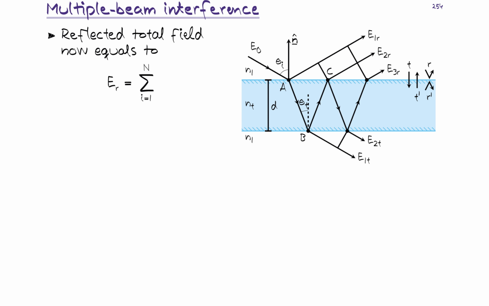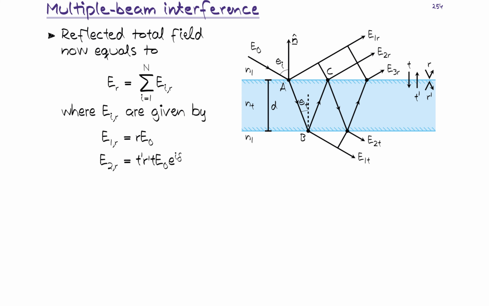That was of a form that we are summing all these different rays, and now these different rays, the ERs, are given by a first term, E naught, the original beam of light being reflected once, with the reflection coefficient R once. Then the second ray of light: what was the field for that?